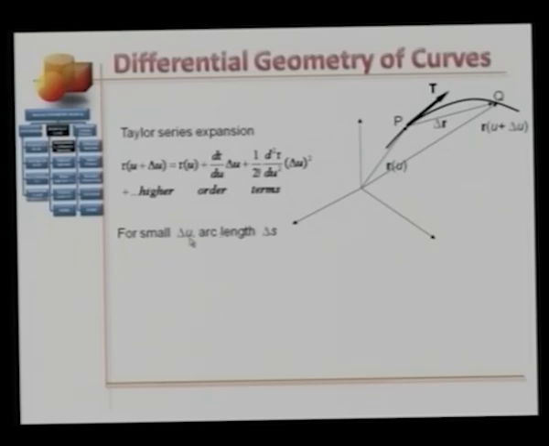For small delta u, delta R will represent the arc length, delta s. So delta s is approximately equal to the absolute value of delta R, which is R of u plus delta u minus R(u), which is approximately equal to the absolute value of dr over du times delta u. Here we have ignored the higher order terms.